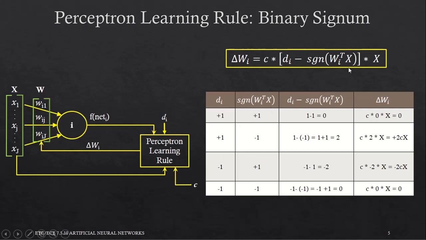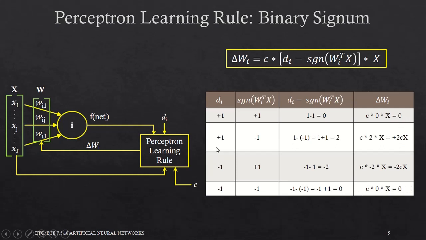The difference then obviously becomes 0 for the cases where desired output and the neural output are the same. It matches. That means the weights are correct and are generating the required outputs. No change is necessary. Therefore, delta W is a 0 matrix.